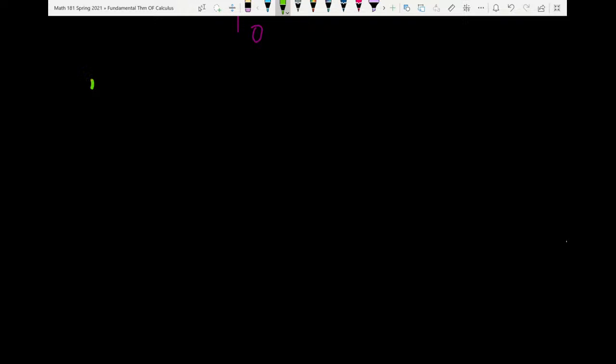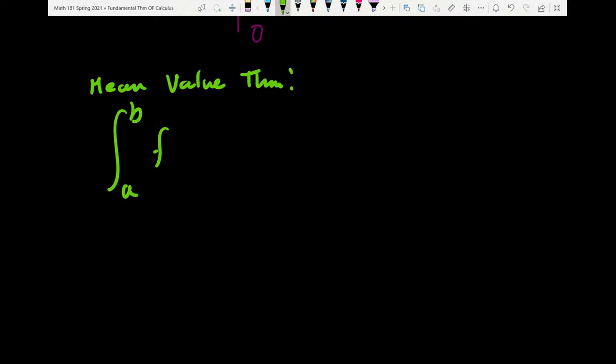Let me give you the mean value theorem. The formula goes like that: f(c) times (b minus a). In olden days, that's what people did to do the integration, because they didn't have a lot of tools, and this was a little bit easier to do.